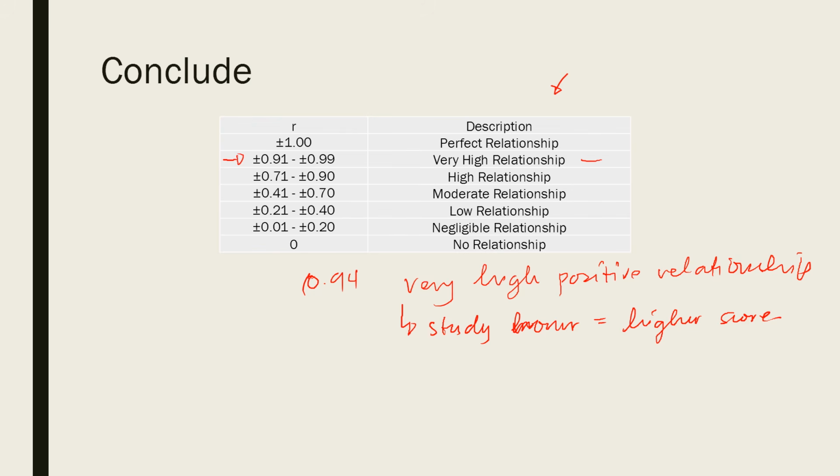Okay? So, just to give you an idea, our critical value from our Spearman rank table is 0.587. 0.587 is less than our computed Spearman rank, which is 0.94. So therefore, our null hypothesis is rejected. And that should coincide, of course, with our descriptive interpretation. Since our H0 is rejected, which states that there is no correlation between study time or study hours and exam scores, this is rejected.